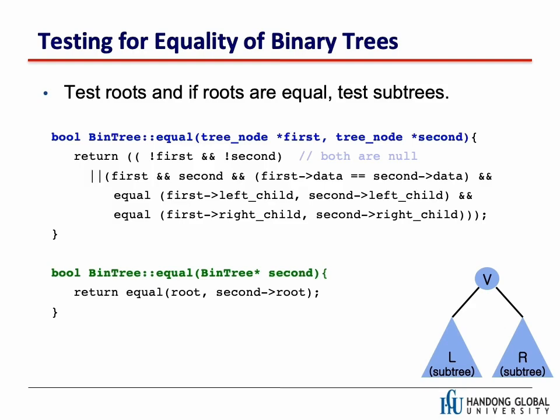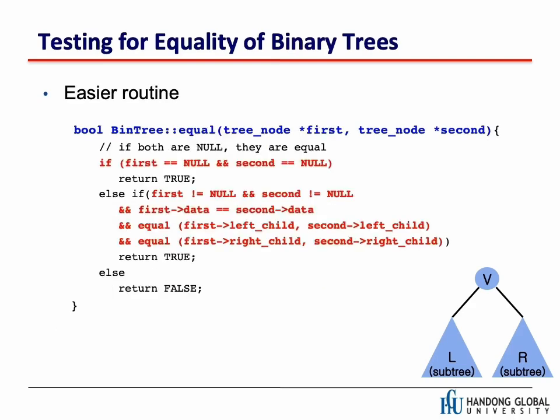Then by calling the equal function twice, passing the left child and the right child pointers, we check if the left subtrees are equivalent and the right subtrees are equivalent. If the root nodes are the same and the left and right subtrees are equivalent, then we return true.